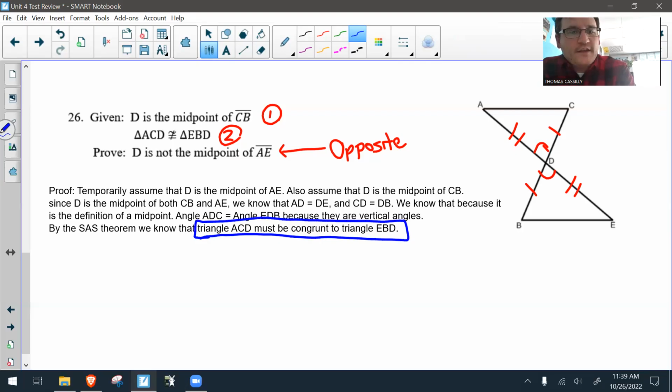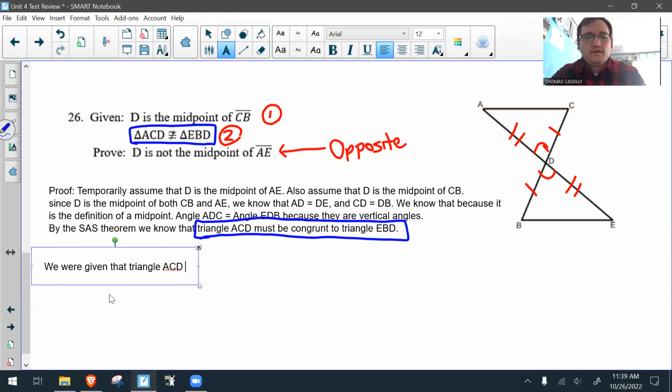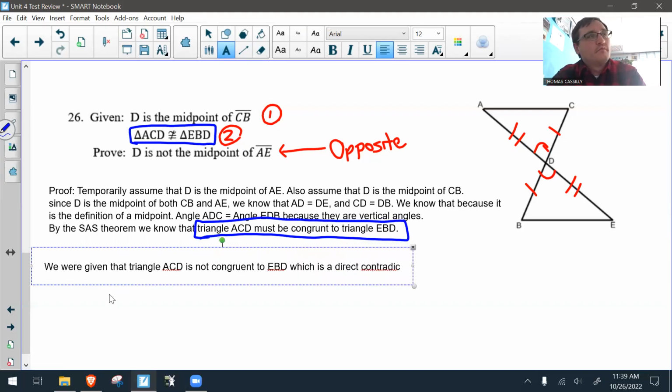That is the exact opposite of our second given statement. We were given that triangle ACD is not congruent to EBD, which is a direct contradiction to what we have shown.